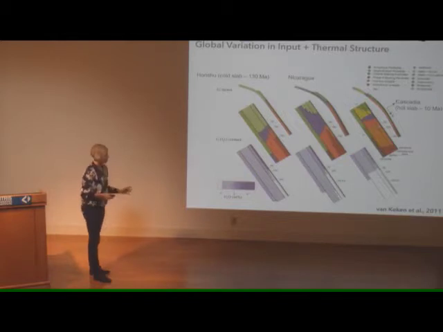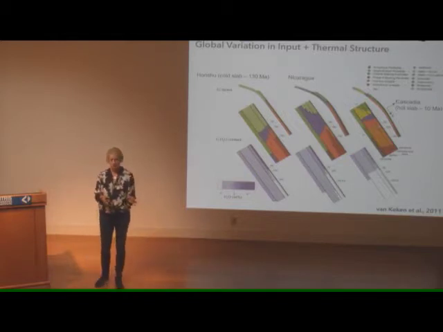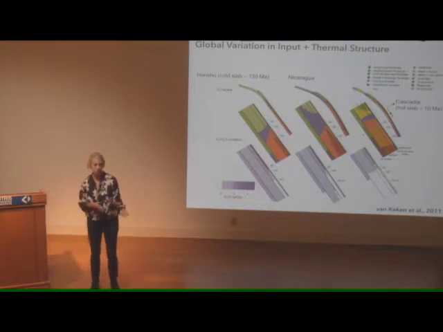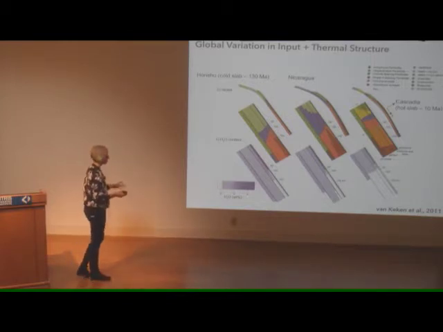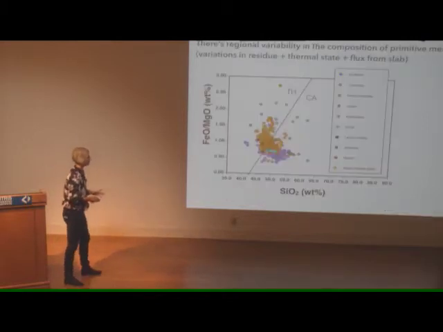So now, in addition to looking at systematics in residue composition and extent of melting, we can ask some of these questions about the thermal effects and water content effects.